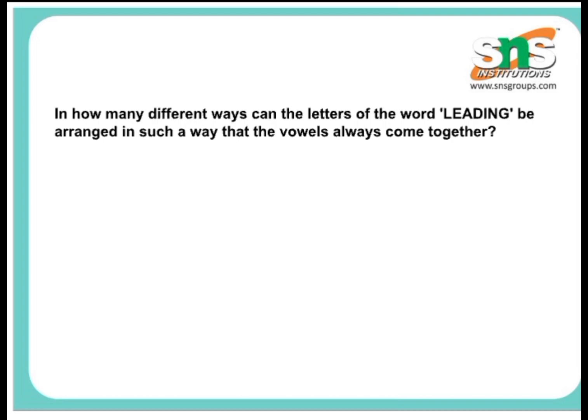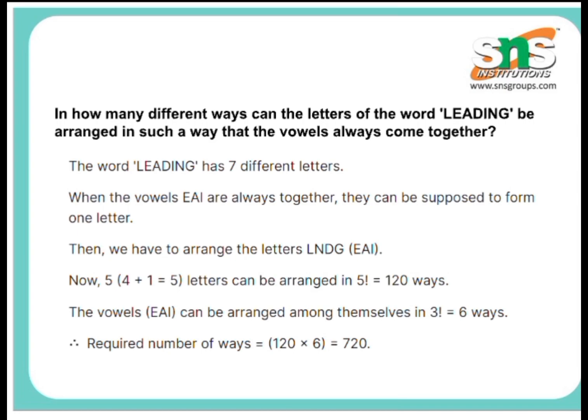Here we use the formula which we have learned earlier, n factorial by p1 factorial, p2 factorial and so on. The word LEADING has 7 different letters. Here we have 3 vowels, E, A and I. The question is that all these vowels should come together and should not get separated.